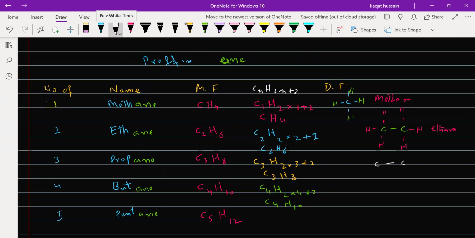For propane, there are three carbons, and there you can see the hydrogen atoms. This is propane. For butane, we write it as butane.